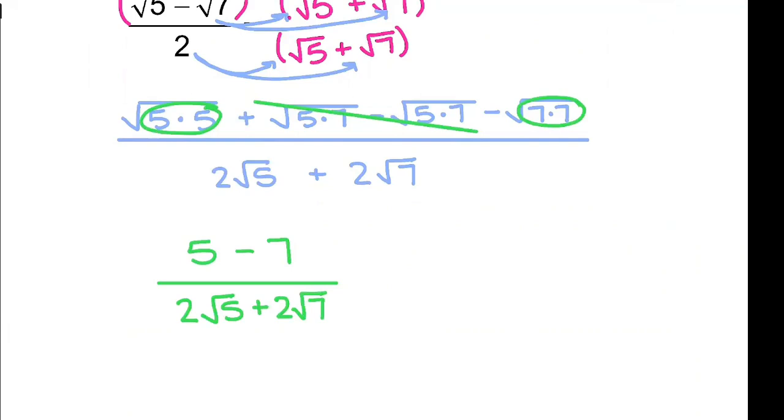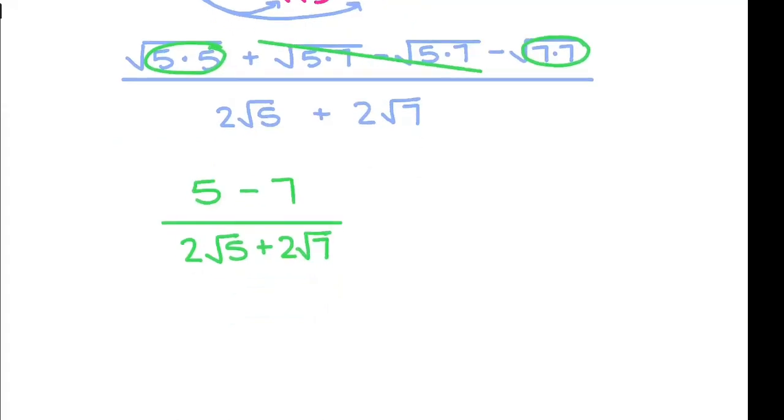Now, if you wanted to, you could factor the bottom. Since they both have a 2 in front of the square root 5 and the square root 7, you could factor out a 2 and it would just be 2 times the square root of 5 plus the square root of 7. You can do that as well. The reason why I say that is because when you do 5 minus 7, that's going to give you a negative 2.